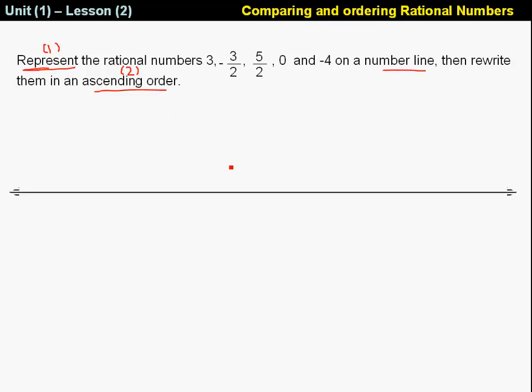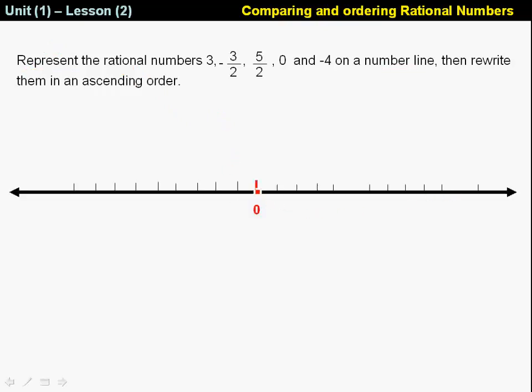The first thing, we have to draw the number line, and here is the 0 tick, and we have to divide the number line into equidistant parts. We notice that we have the number 2 in the denominator. As we know, this is the plus direction and this is the negative direction.